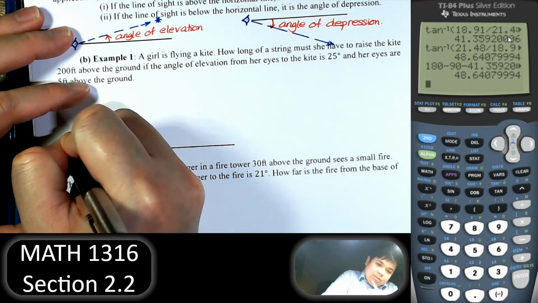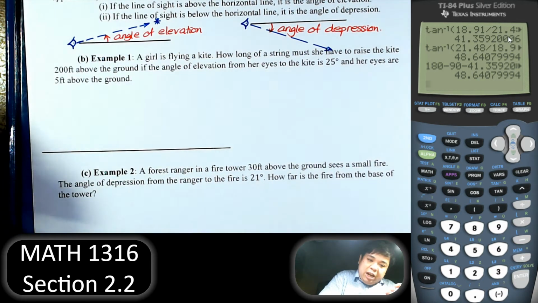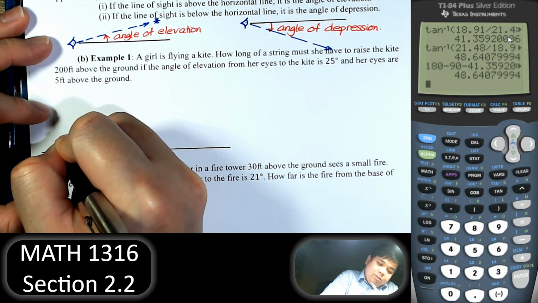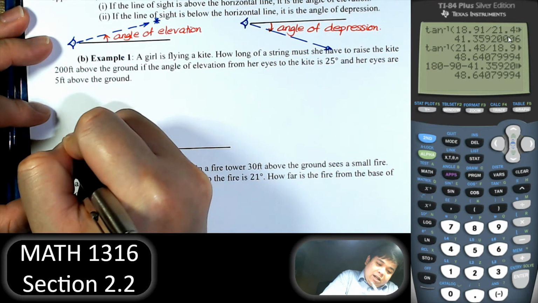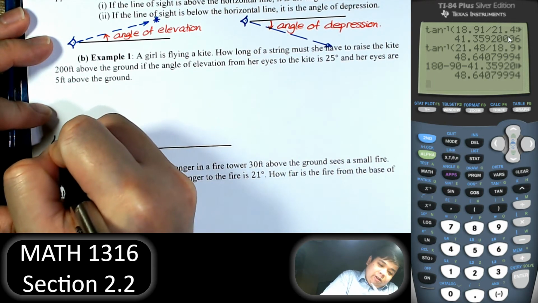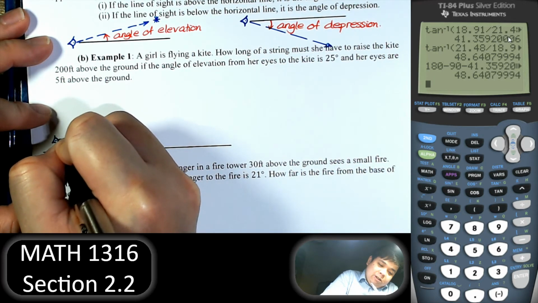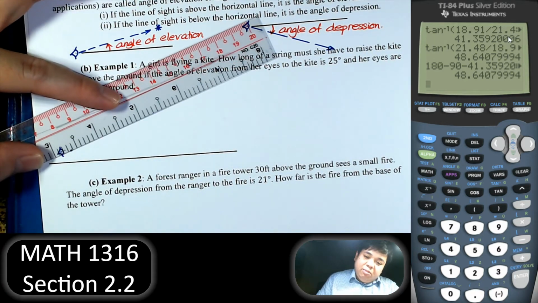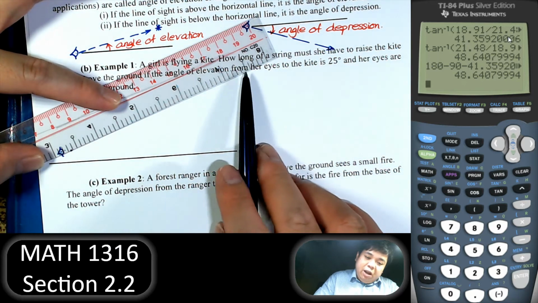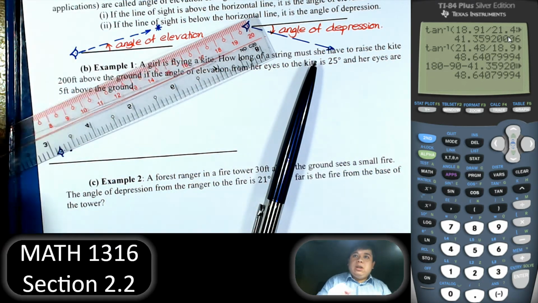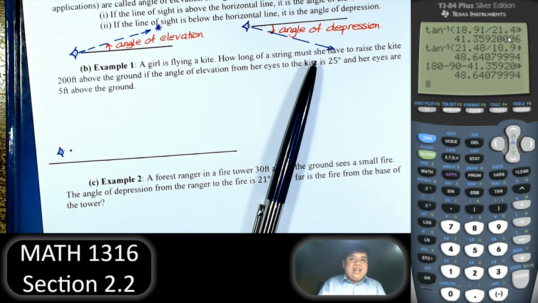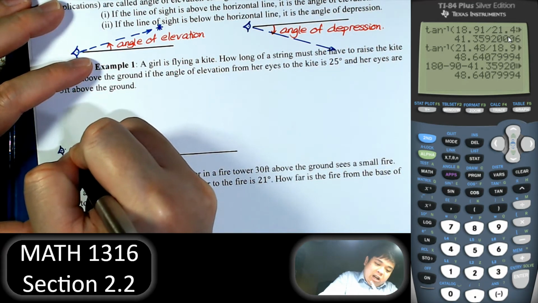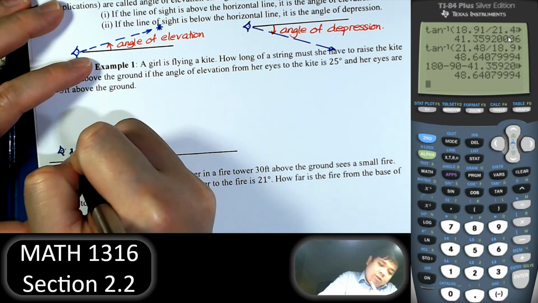So a girl stands flying a kite. And let's see, this is the eye level, and the kite is there. The angle of elevation is, I mean it depends where she holds the string. Let's assume that she holds the string right on the eye level, which is 5 feet off the ground.